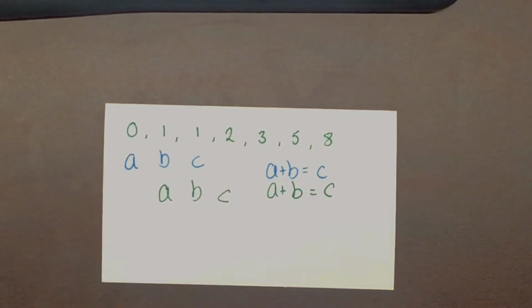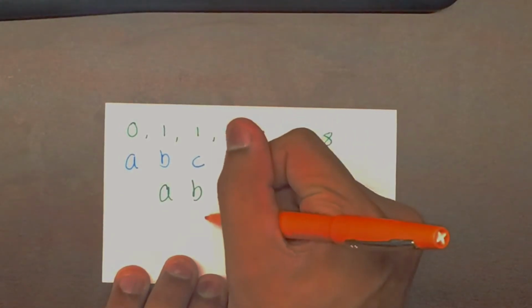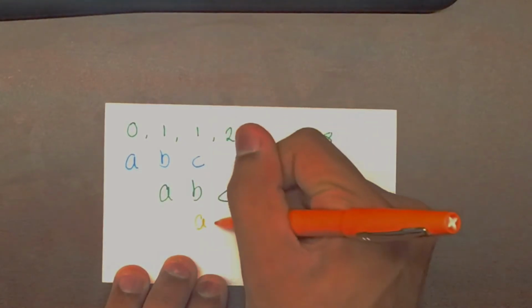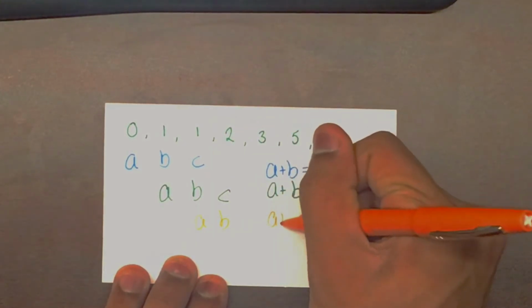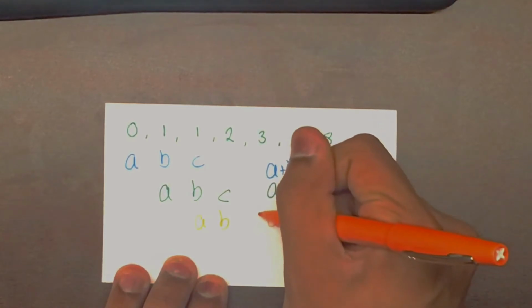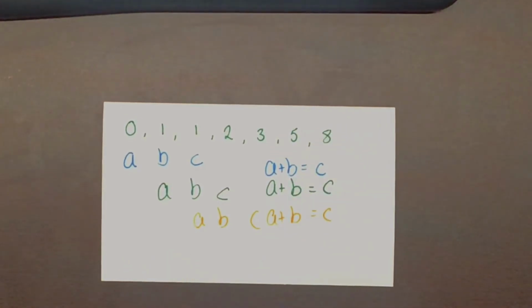To do that, we do another shift. Our B becomes our A, our C becomes our B. We add those together to get our C, which is 3. So that's how the Fibonacci sequence works, and we'll be using that to make it in Python.